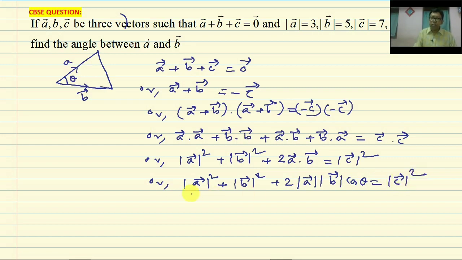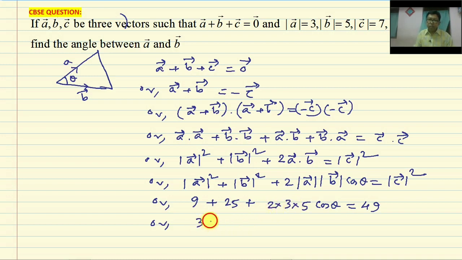Modulus of A vector is given 3, square that is 9, plus modulus B is equal to 5, square 25, plus 2 into modulus A is equal to 3 into mod B is equal to 5, cos theta unknown, is equal to mod C is equal to 7, 7 square is equal to 49. So 2 into 3 into 5 is equal to 30.